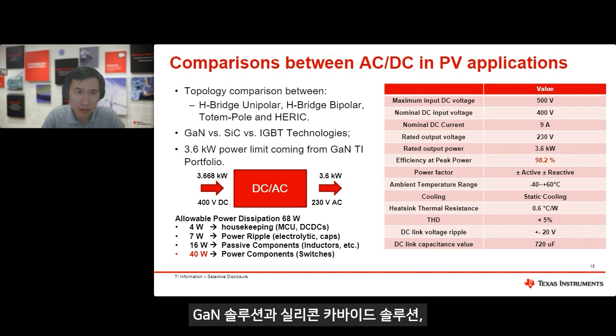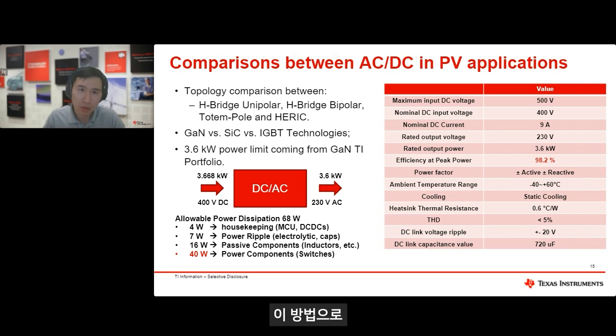He compared the GaN solution versus silicon carbide and IGBT solutions on this 3.6 kilowatt platform with H-bridge unipolar, H-bridge bipolar, two-tone pole, and Heric converter.